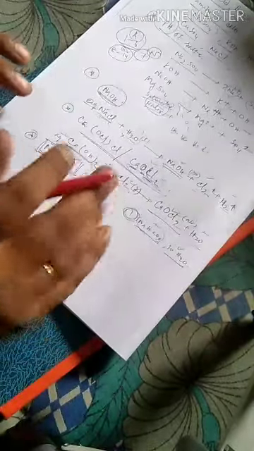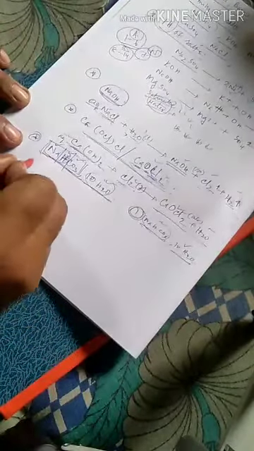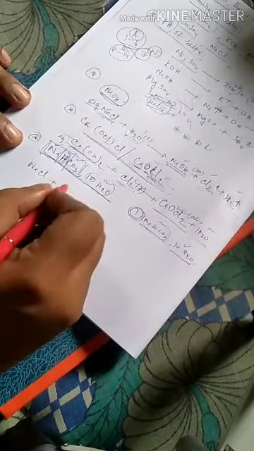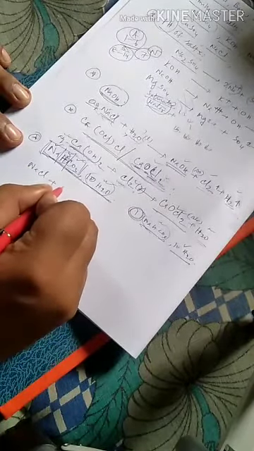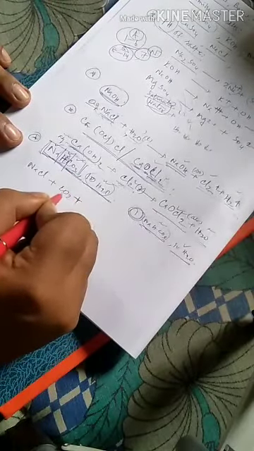Whenever we are going to produce it, we need the reactants. We need sodium chloride, as sodium is present. Next we need CO2 gas. I told you carbonate means carbon dioxide is present.